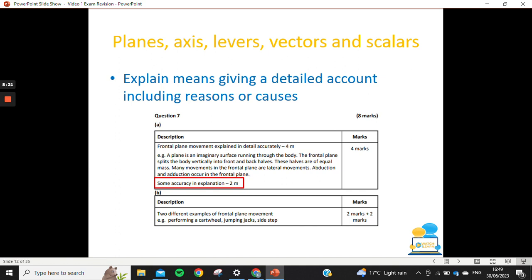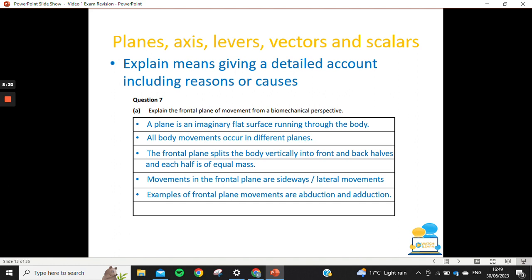So as we can see here, this is the marking scheme. You can see we have 4 marks and then 2 marks plus 2 marks for the examples. So again, we're looking for a detailed account, so we're looking to give as much detail and as many reasons or causes if that's applicable.